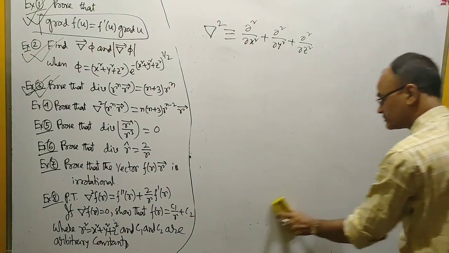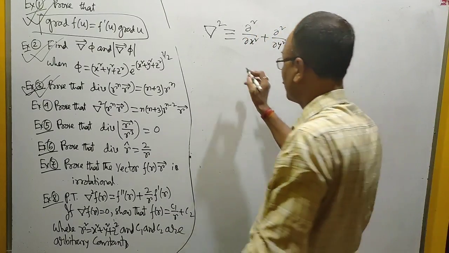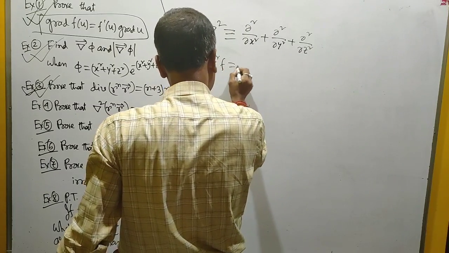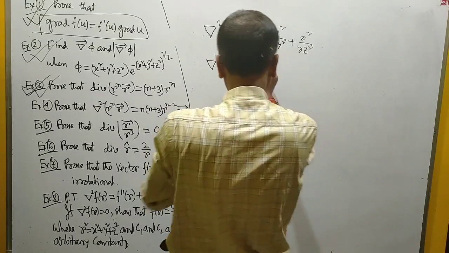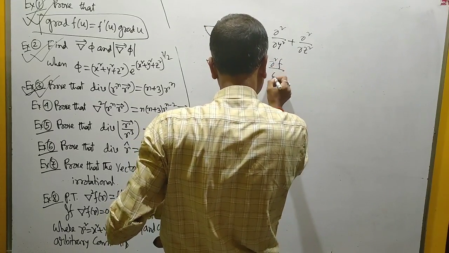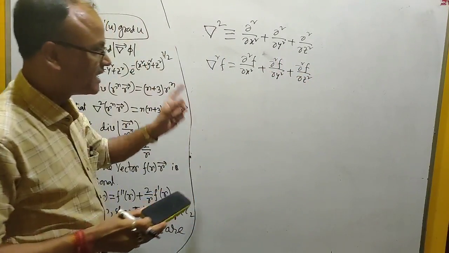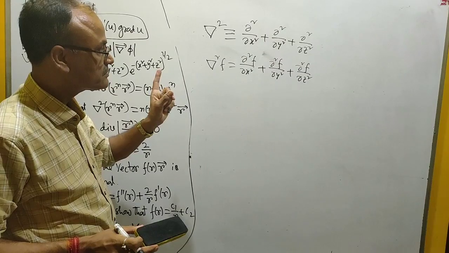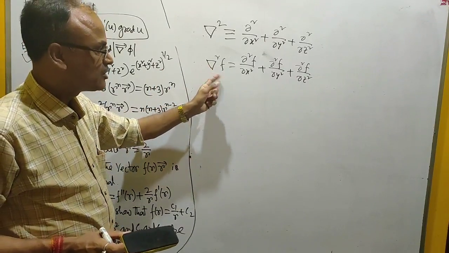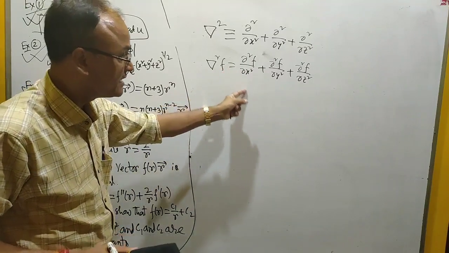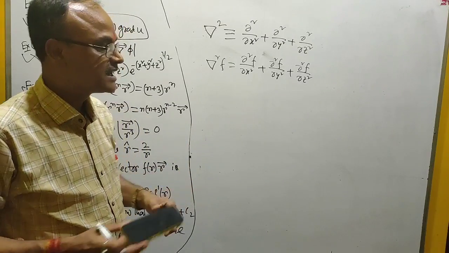Also, Laplace square f equals del square f by del x square plus del square f by del y square plus del square f by del z square. Now, if f is a scalar quantity, then the Laplacian is again a scalar function.